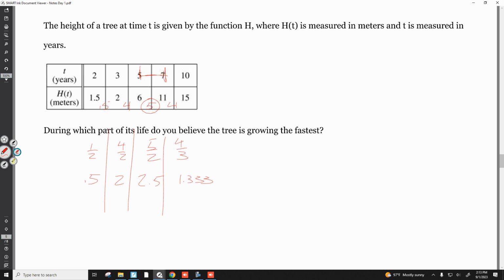You need to not just look at the y. You need to look at the y's over the x's. You need the context. You need a comparison. There's your comparison. After that comparison, I am saying probably from 5 to 7. Cool. Keep going.